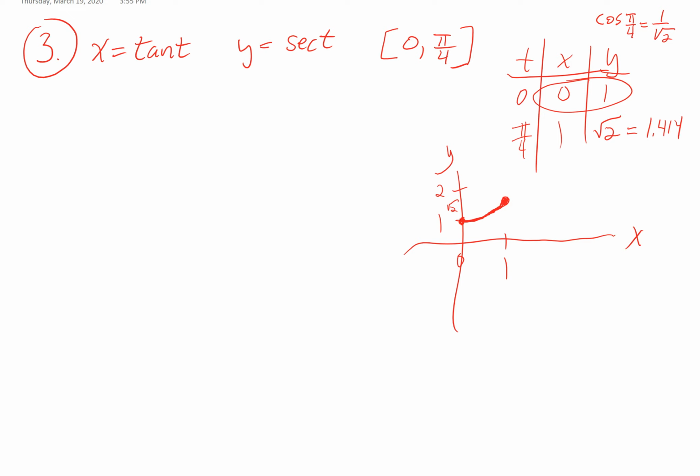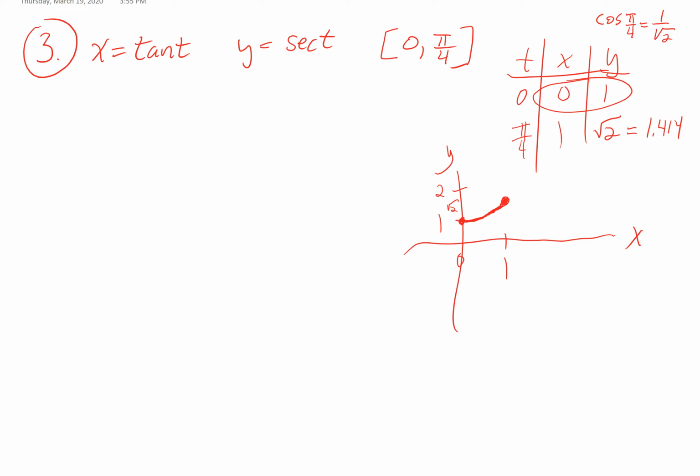Now that begs the question, how would I eliminate the parameter? How in the world would I ever know offhand that I have a hyperbola, especially if I didn't have a graphing calculator to get us started? Well, this is how.